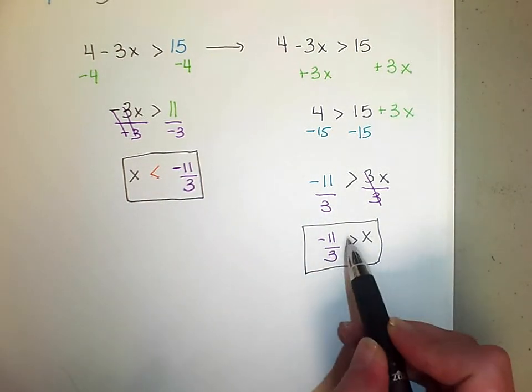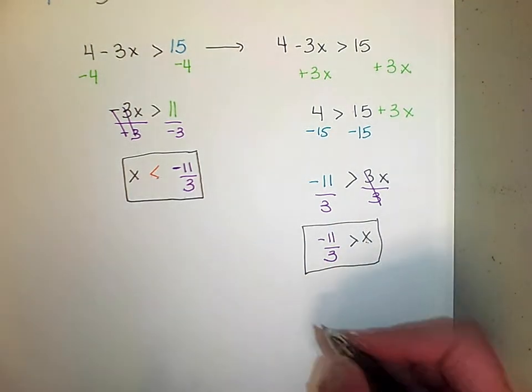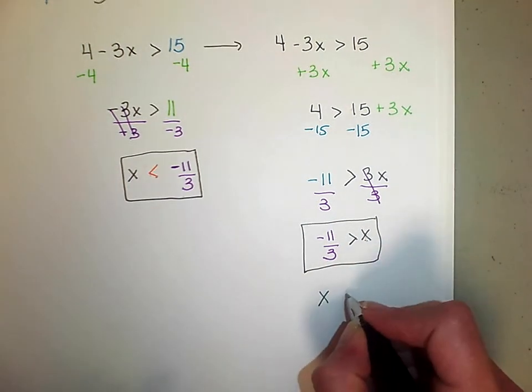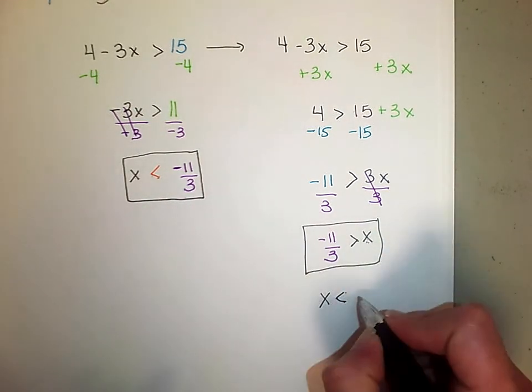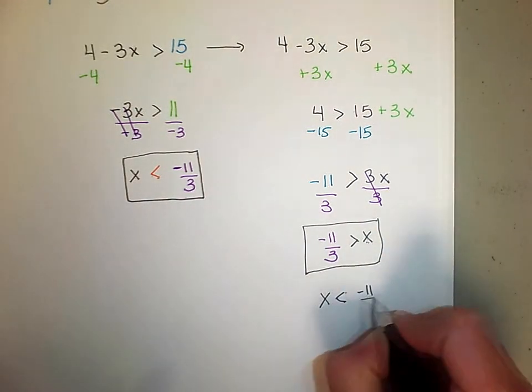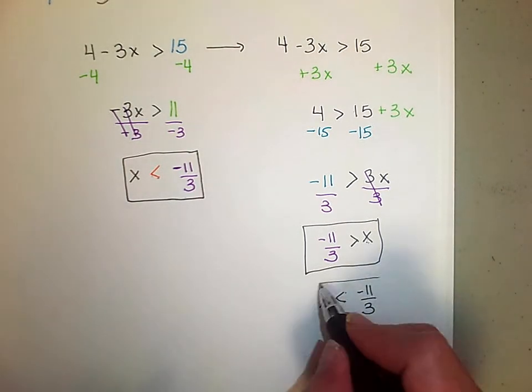Here we're saying negative 11 thirds is greater than or equal to x, but notice that the arrow is still pointing to the x. So these are equivalent statements. I always like to write it, even if I come up with something like this, I like the x to be first, so I just have to make sure I keep the tail pointing towards the x.